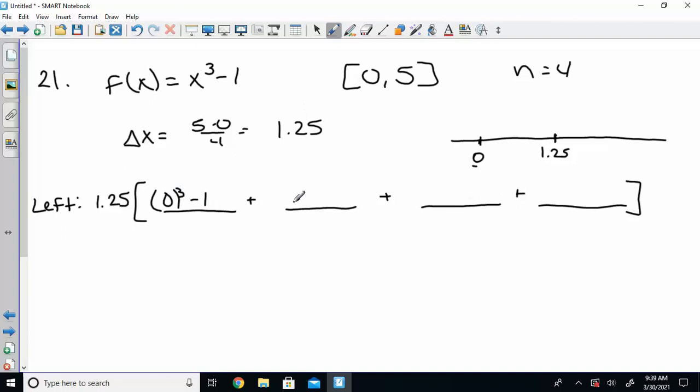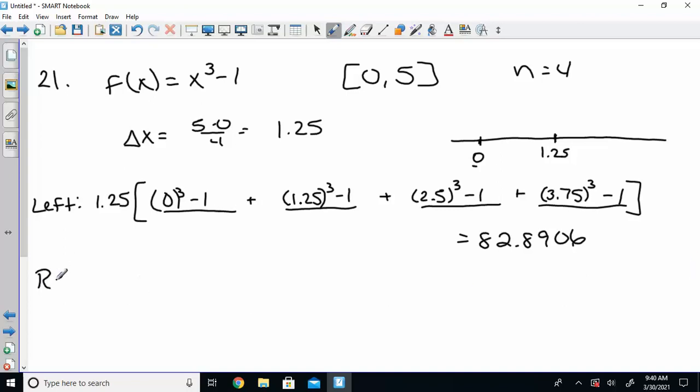Then you add 1.25. You always add your change in x to get to the next one. So 1.25 cubed minus 1. Add my change in x, so 2.5 cubed minus 1. Add my change in x, so 3.75 cubed minus 1. I believe that comes out to be 82.8906. Again, on the test, I'd probably just have you leave it, not evaluate it. You have to make sure you're writing everything out.